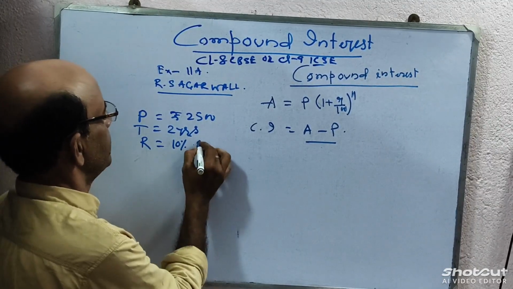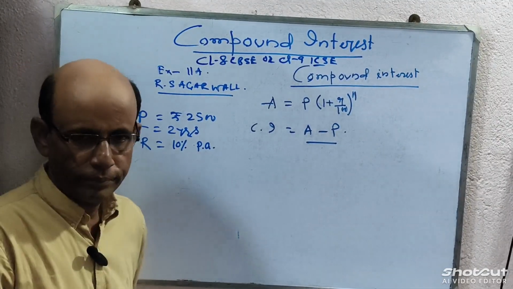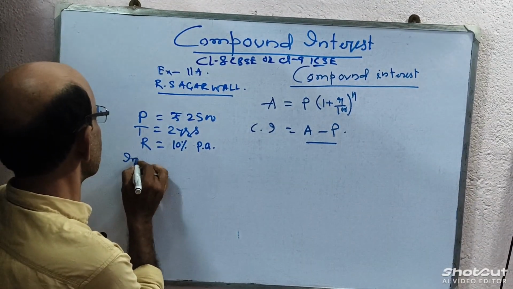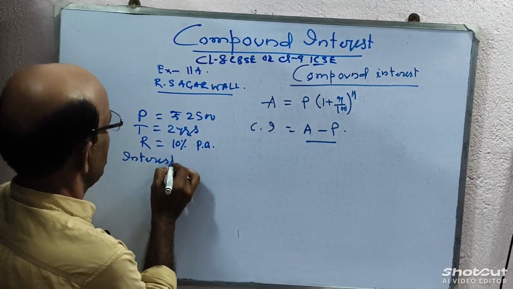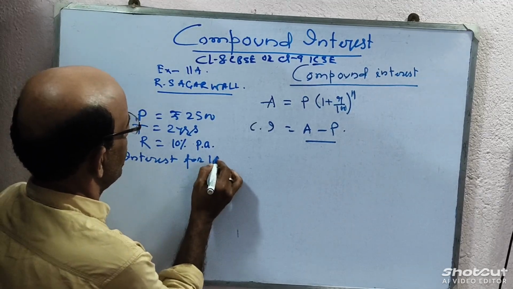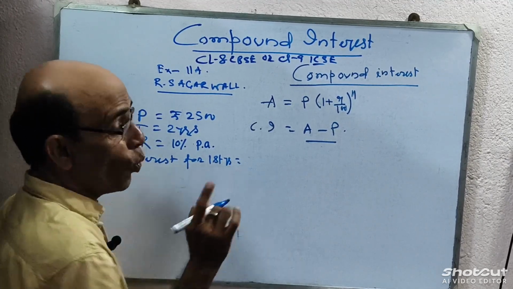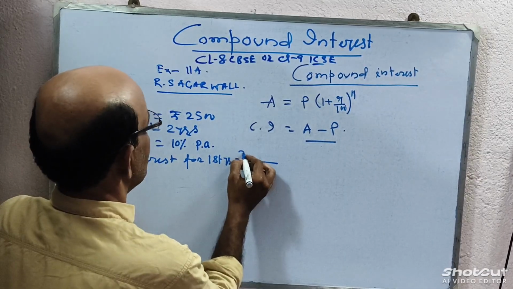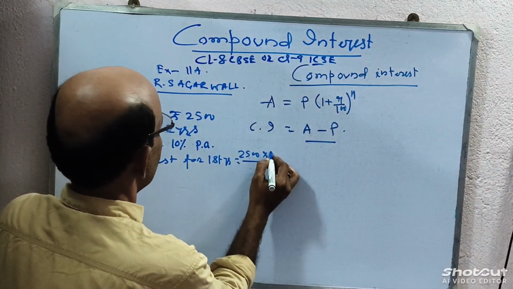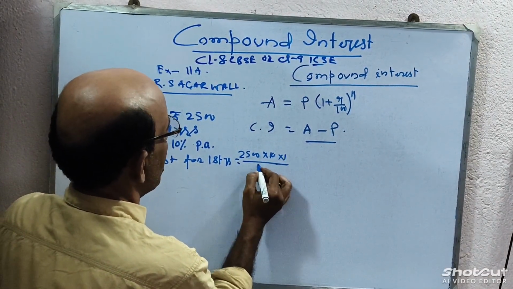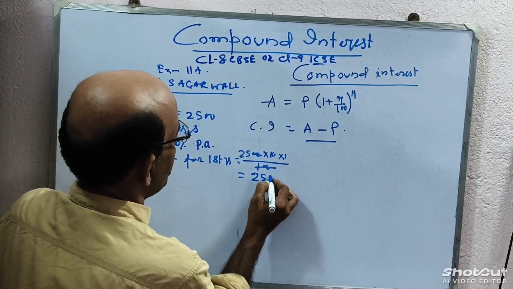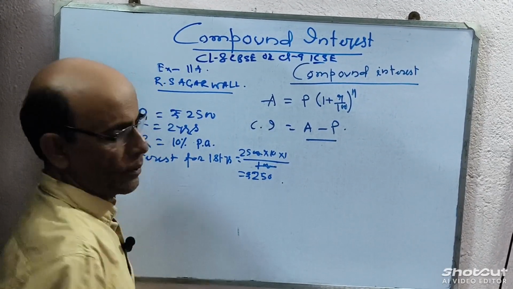per annum, yearly compounded. In this case, you have to find interest for first year. Interest for first year, not 1 year, first year. 2500 into 10 into 1 by 100. 250 is the interest for first year.